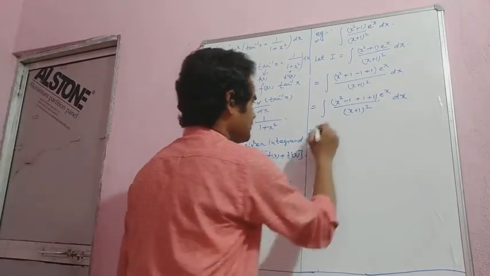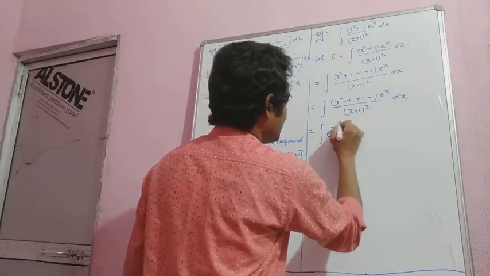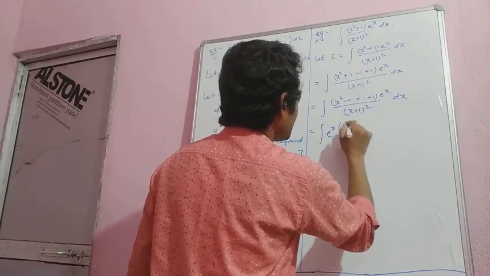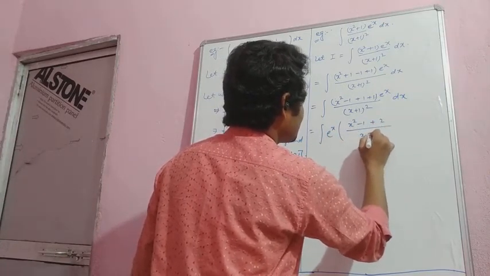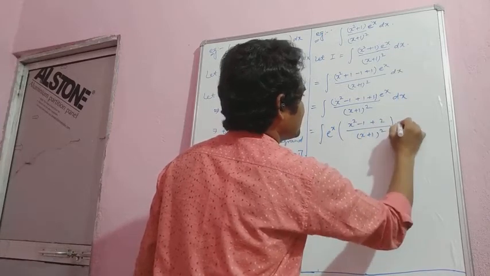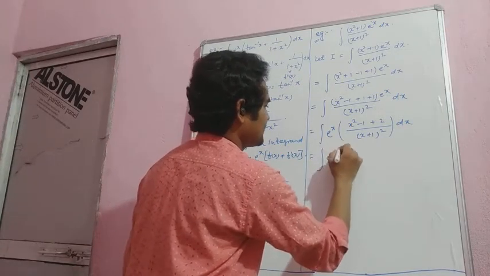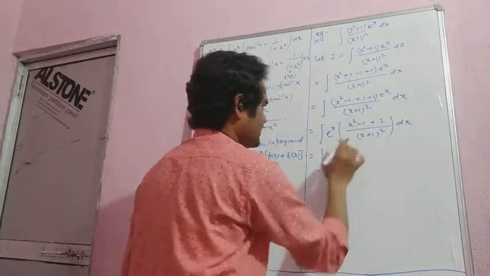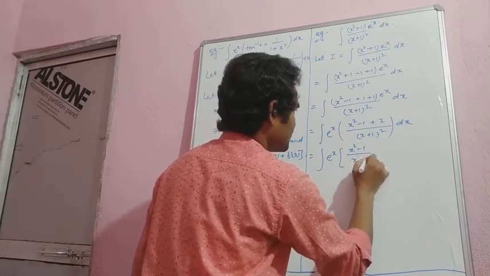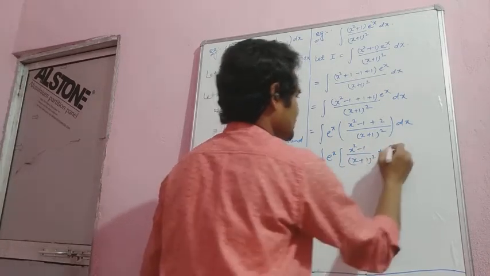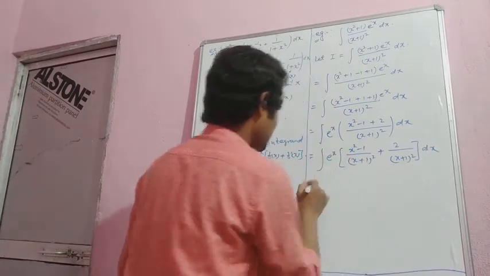This implies the integration of e to the power x into (x square minus 1 plus 2) upon (x plus 1) whole square dx, equal to e to the power x. We can write it as (x square minus 1) upon (x plus 1) whole square plus 2 upon (x plus 1) whole square dx.